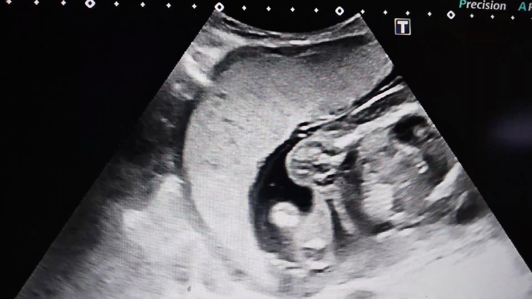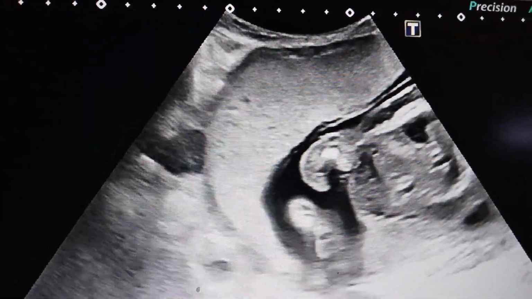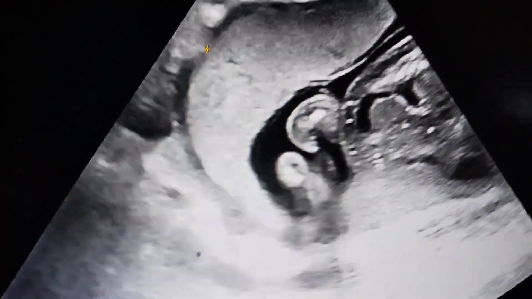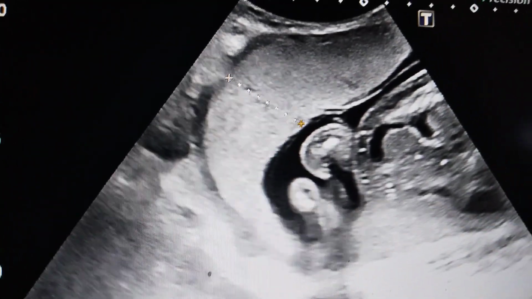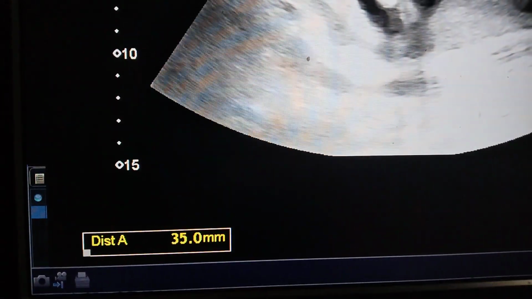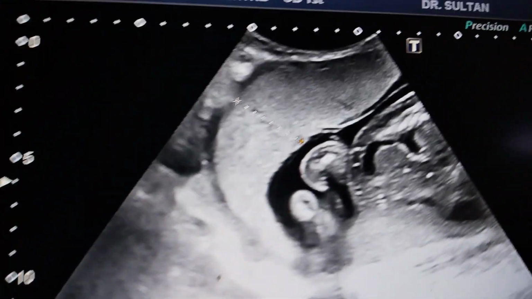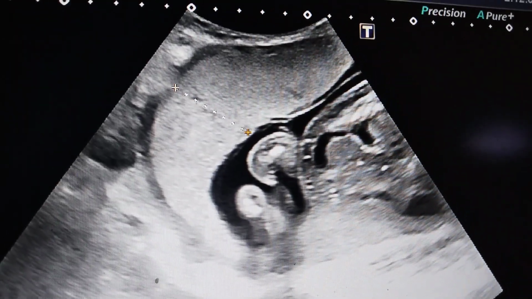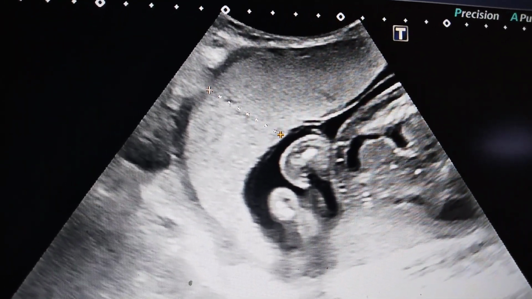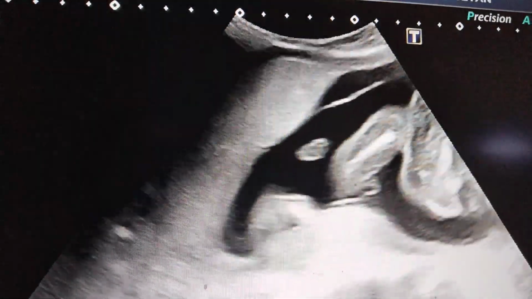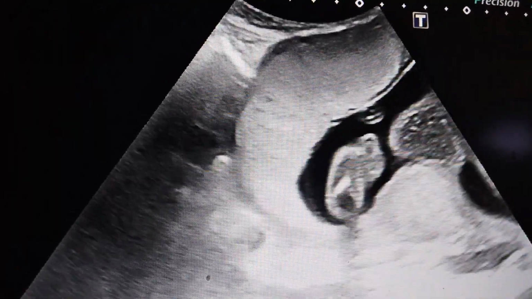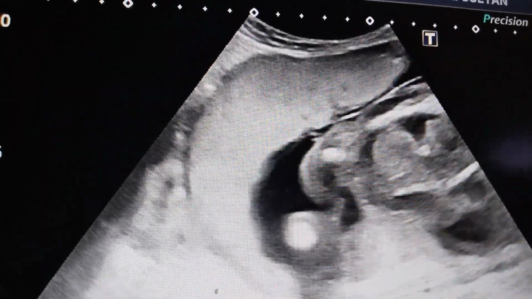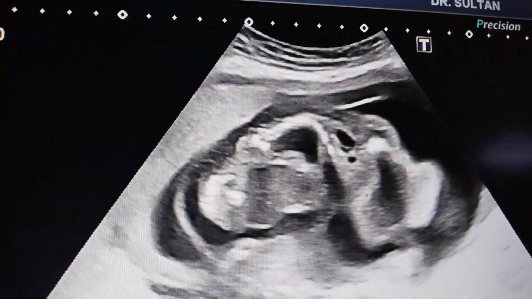This is 18 weeks gestational age, and if we measure the placental thickness at the mid substance of the placenta, it is 3.5 centimeter. It should be, according to the gestational age, 1.8 centimeter. Here it is 3.5. So the placenta also is enlarged, bigger in size than usual, due to the edema of the placenta.